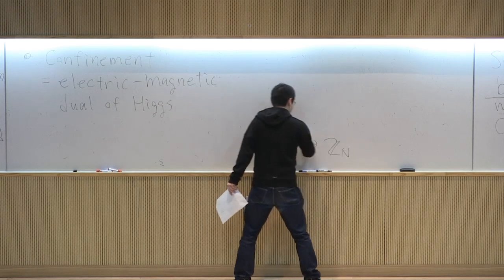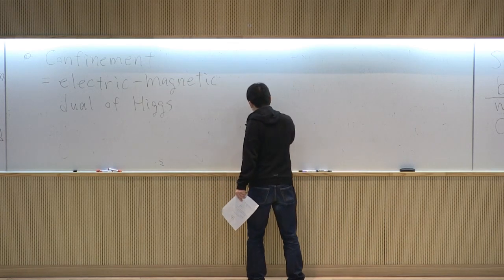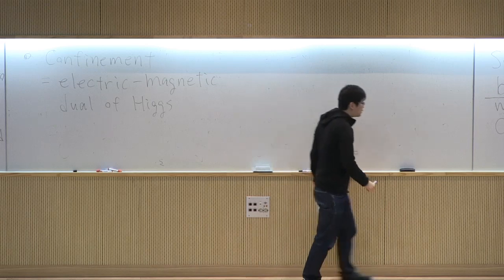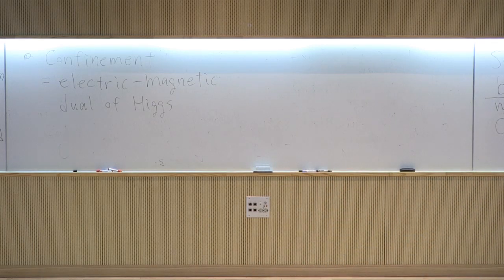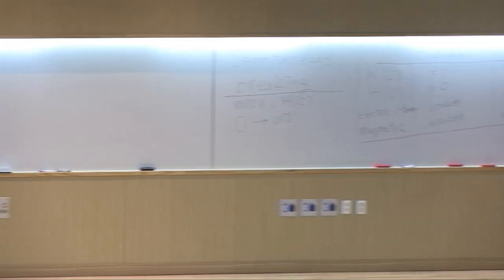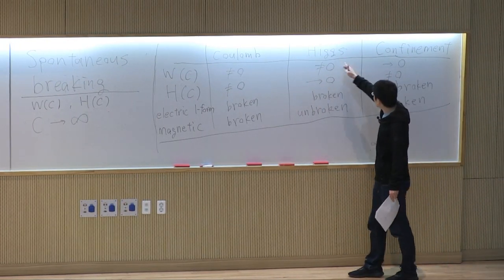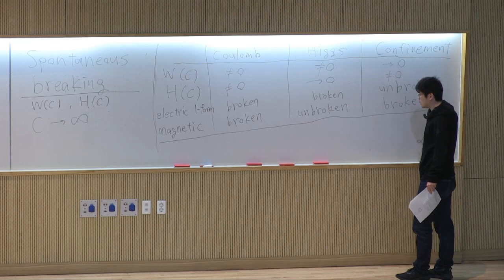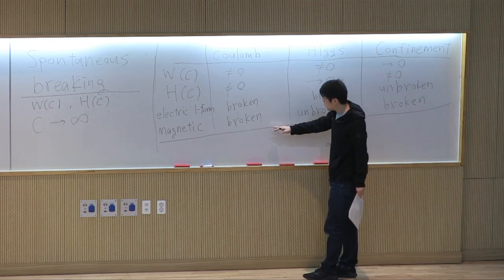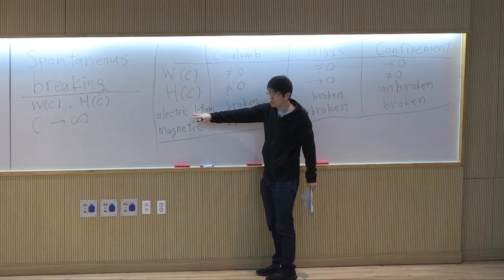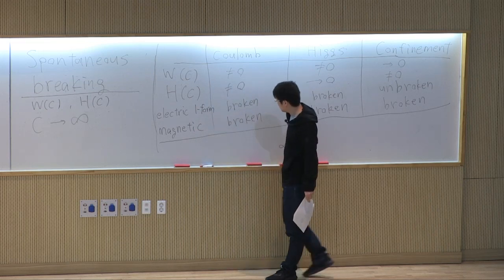So the important point is that in this way, we can distinguish these various phases of gauge theories, like Coulomb, Higgs, and confinement phases, by looking at the behavior of this electric one-form symmetry and magnetic one-form symmetry.